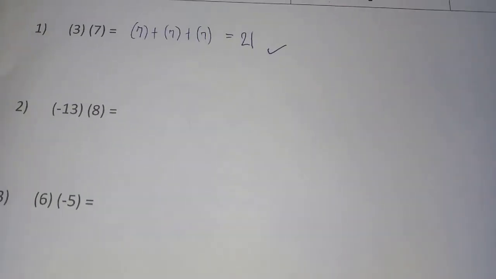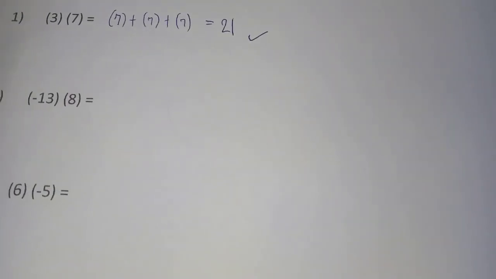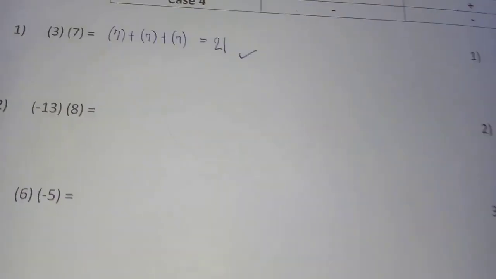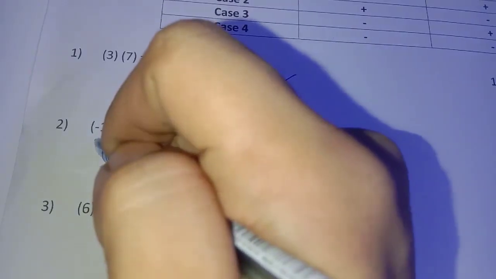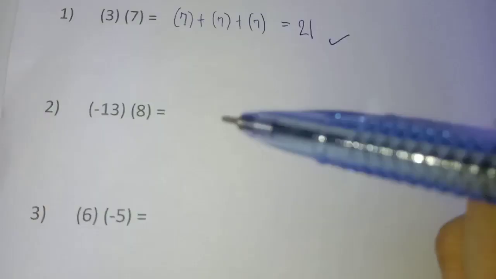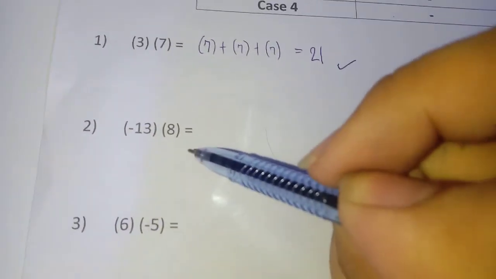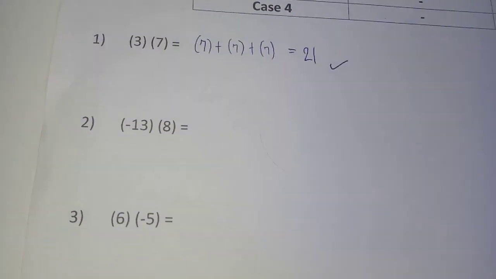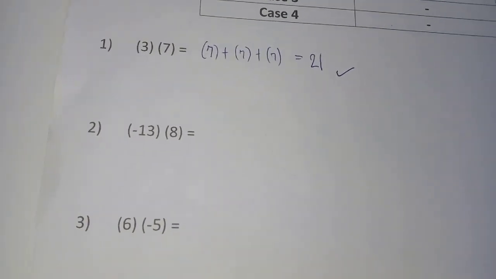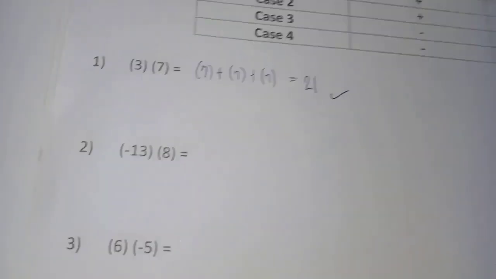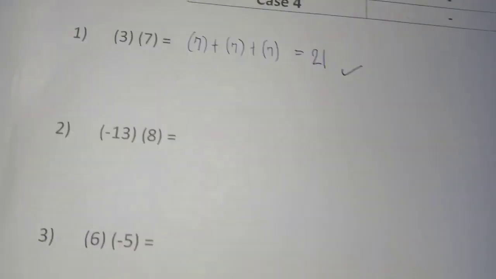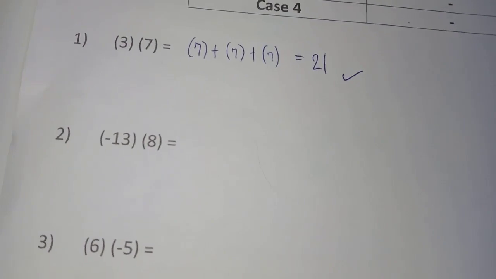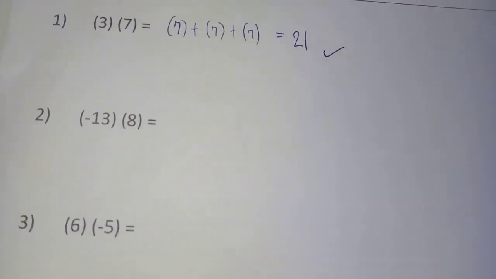Next, number 2, we have the negative 13 times 8. So recall that multiplication is commutative. So pag sinabi natin commutative, pwede nating i-reorder yung ating problem. Basta yung operation, multiplication and addition. It is not applicable to subtraction and division. Kasi pag gamit tayo ng commutative property of equality in the case of subtraction and division, magkakaroon ng pagkakaibang quotient and difference.